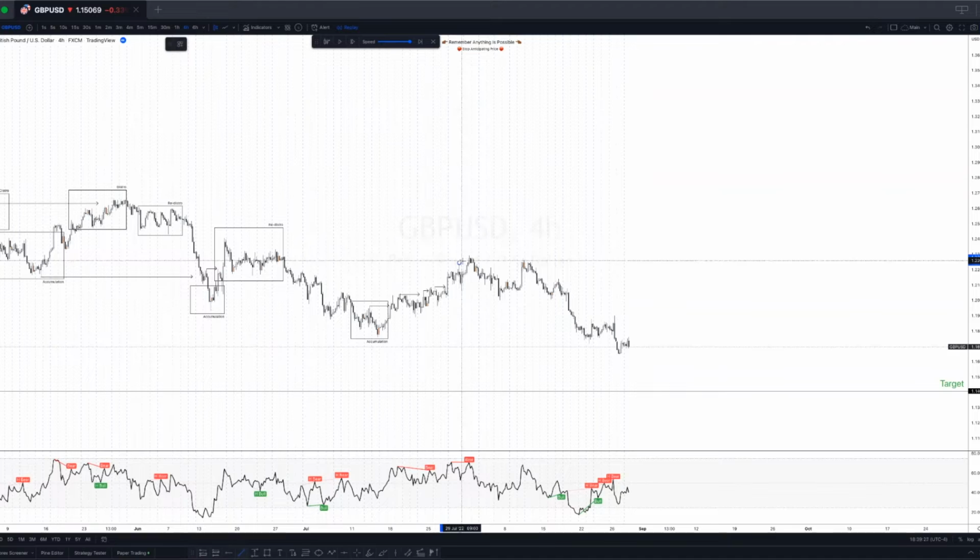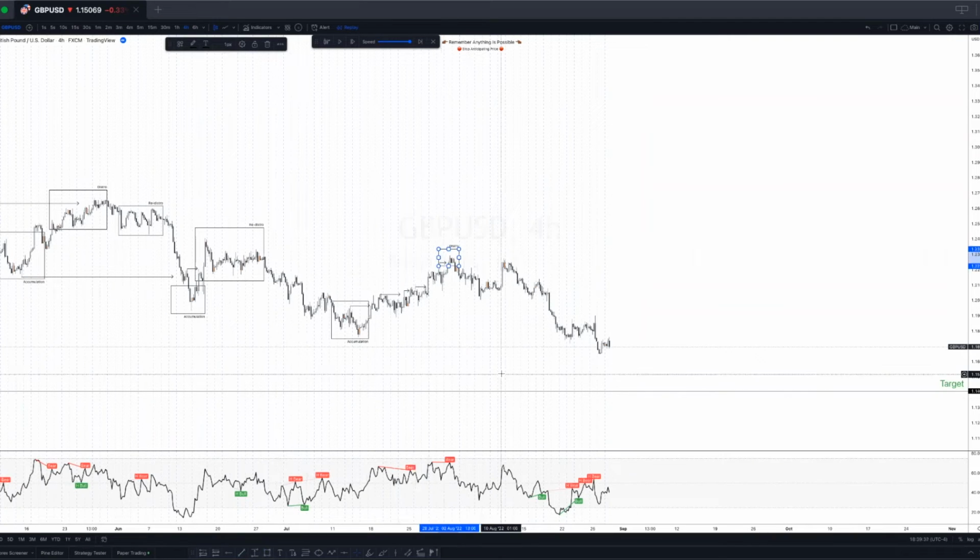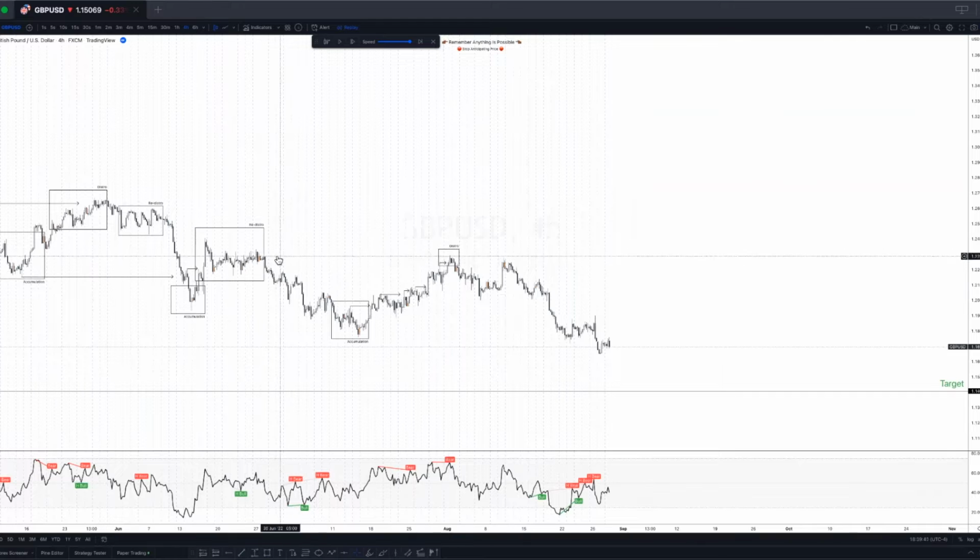reaccumulation, success, until it got up here and distributed in the point of interest over here. When price came back up to the point of interest, it distributed, started coming down. You can see first change of character happens here.